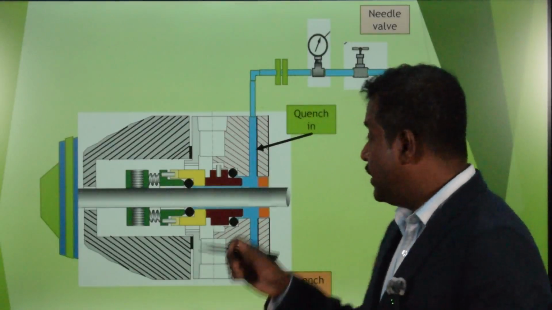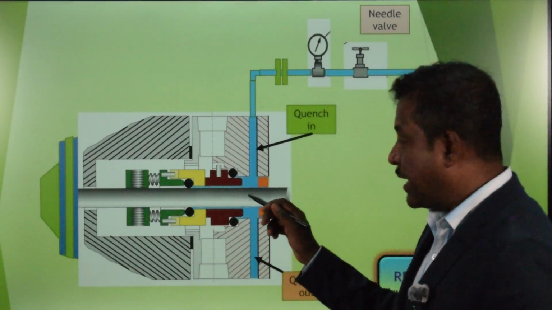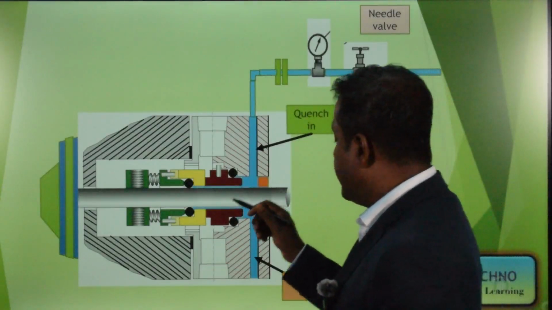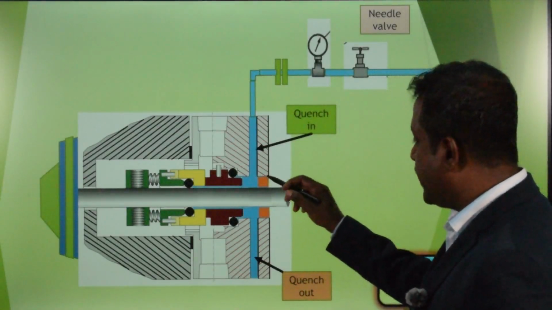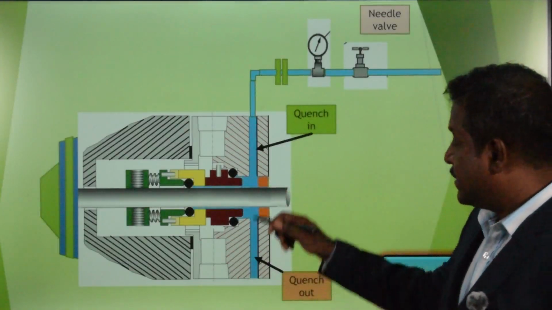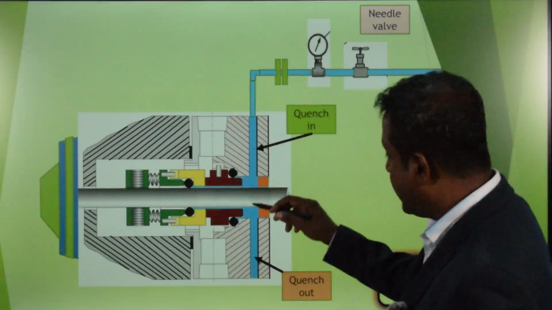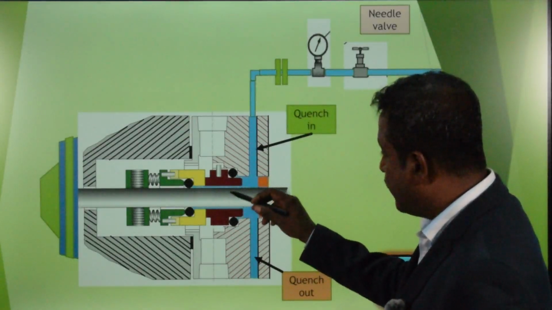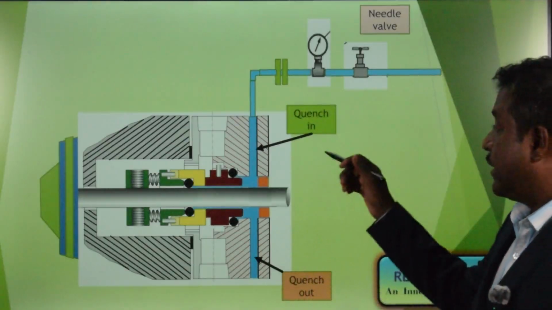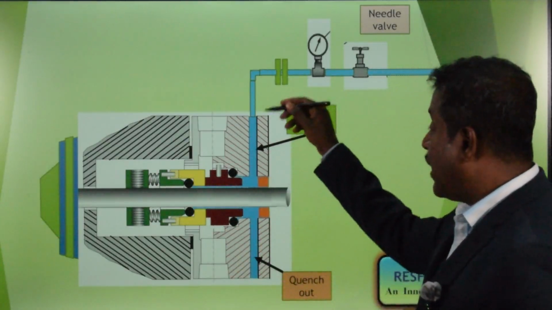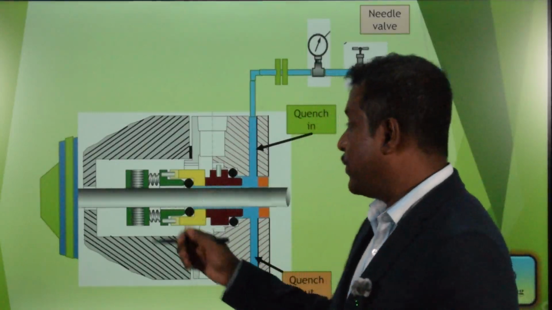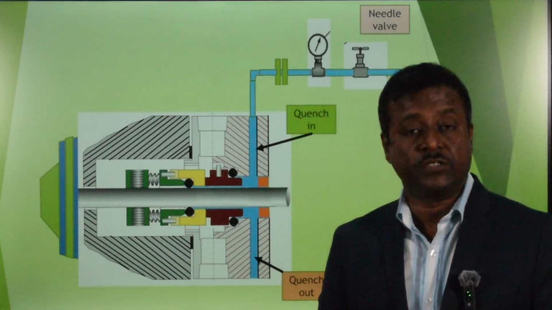The quenching medium flushes the backside of the gland plate, the stationary part as well as partially the rotary part, and to prevent easy flow of the quenching medium, we provide a throttle bush over the gland plate. Finally, after flushing the backside of the seal, the quenching media drains out from this drain port. And for your information, the flushing should be at the top and the drain port should be at the bottom. That configuration should be followed in case of plan API 62.